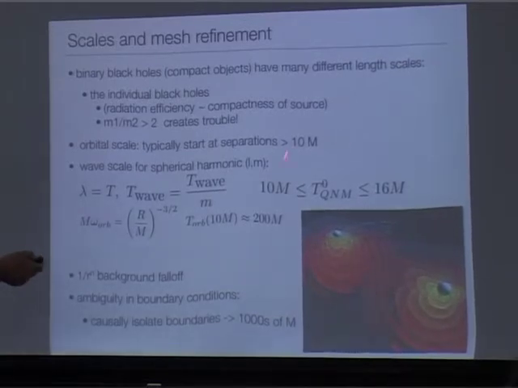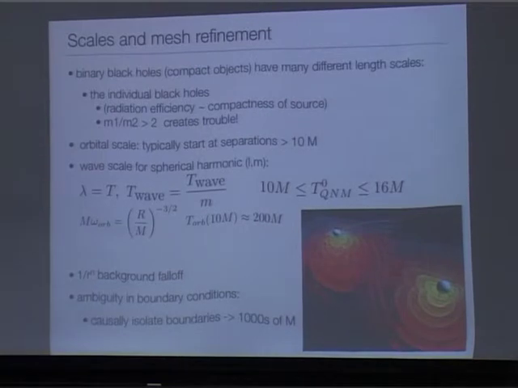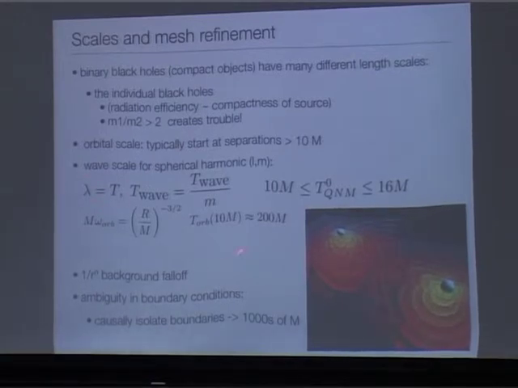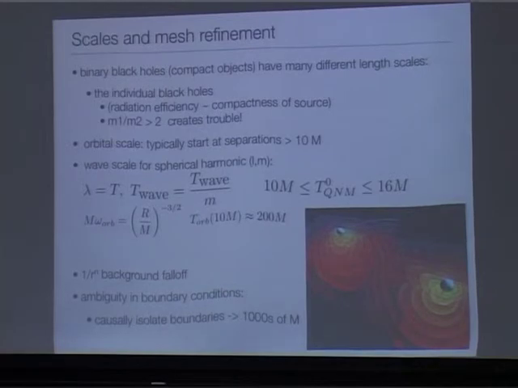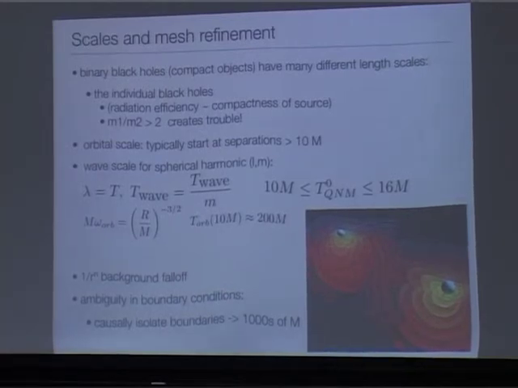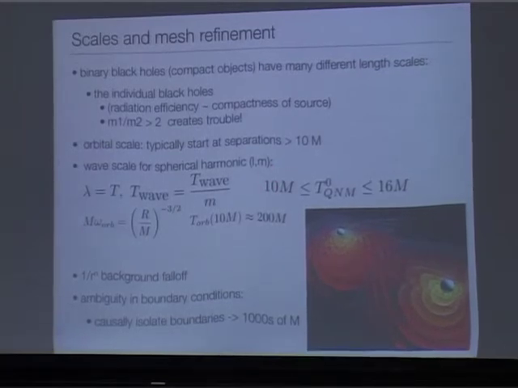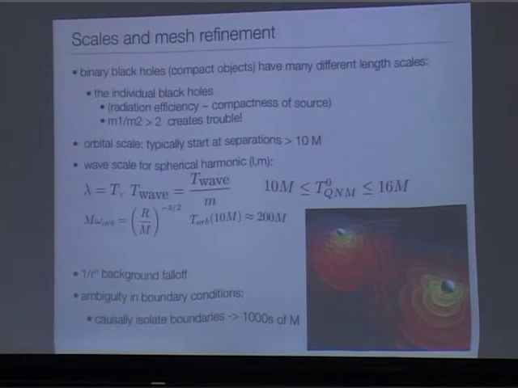So this is much larger than the, let's say, roughly m or 2m wavelength, because we have the speed of light, wavelength is about the period. If the index of the spherical harmonic is m, then you have to rescale your wavelength with m.